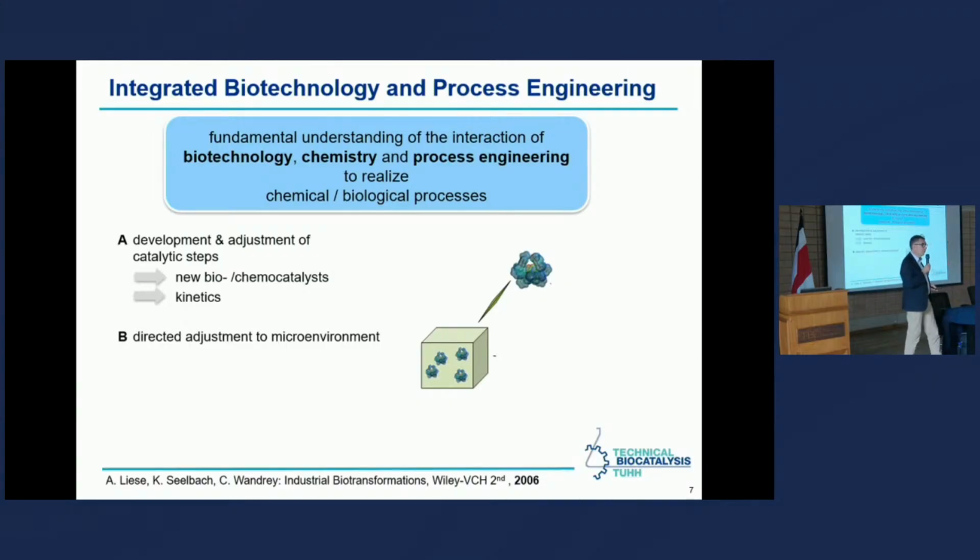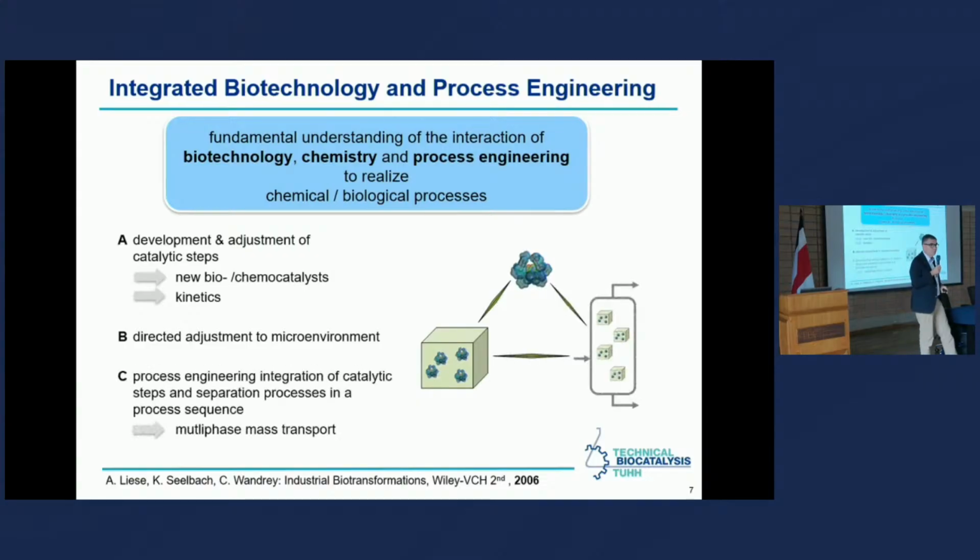And therefore, the performance of this catalyst, of the whole cell, if it's attached or integrated in alginate gel, for example, or anything like this, will change. And this might influence the performance of the catalyst, and this we need to know to develop a process with this. And then this catalyst with the microenvironment, we need to bring into an apparatus.